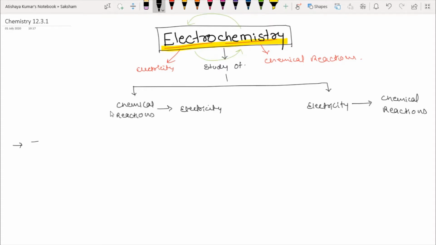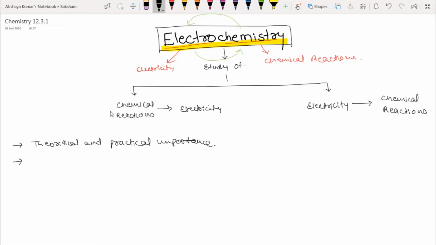Electrochemistry has both theoretical and practical importance. Theoretical importance we will study along the chapter as we read on, and let us discuss some of the practical importances of electrochemistry.